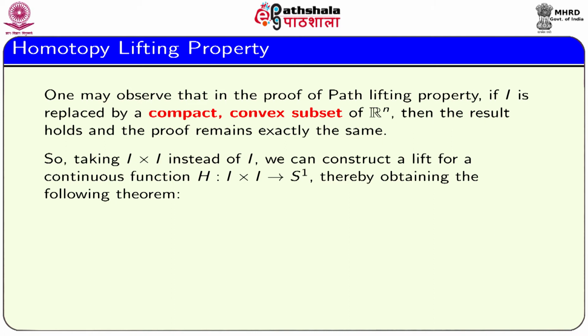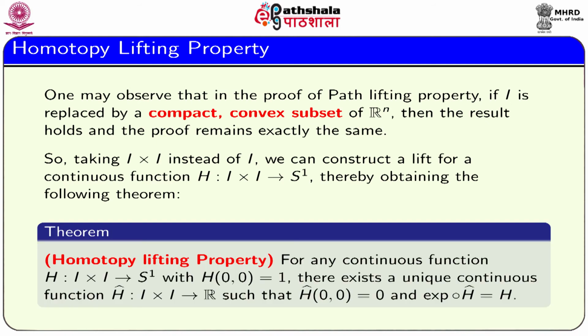One may observe that in the proof of the path lifting property, if I is replaced by a compact convex subset of R^n, then the result holds and the proof remains exactly the same. So, taking I cross I instead of I, we can construct the lift for a continuous function capital H, which is a map from I cross I to S1, thereby obtaining a theorem which we call the homotopy lifting property of the exponential map.